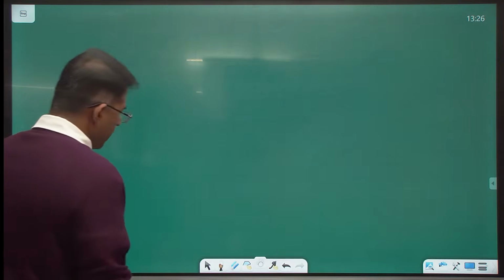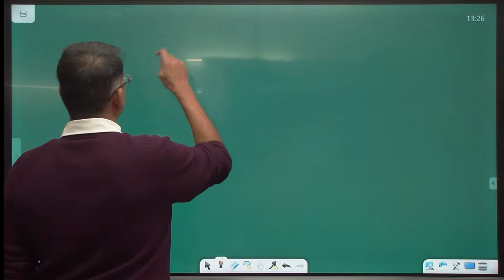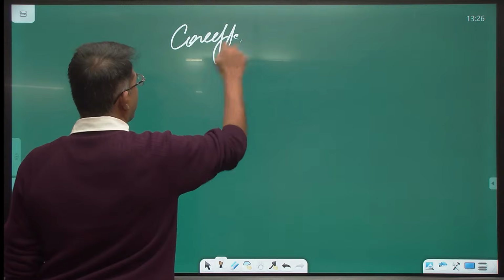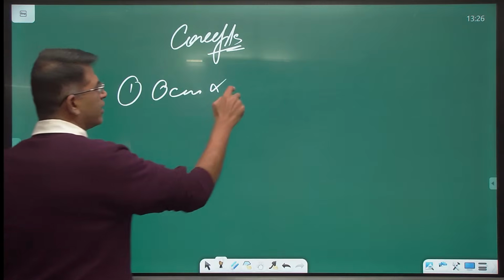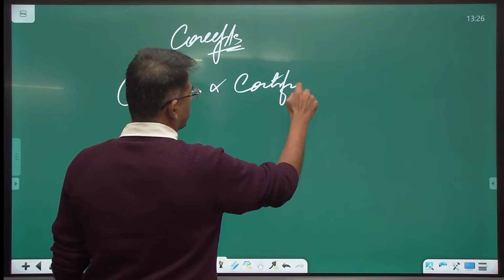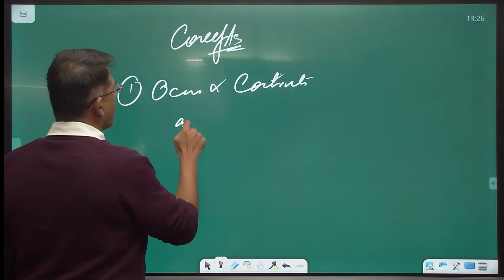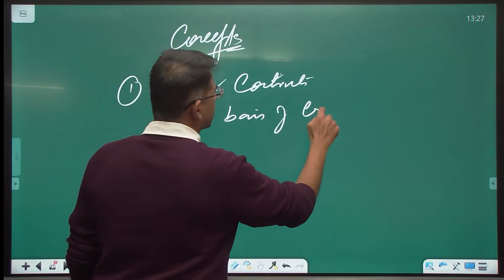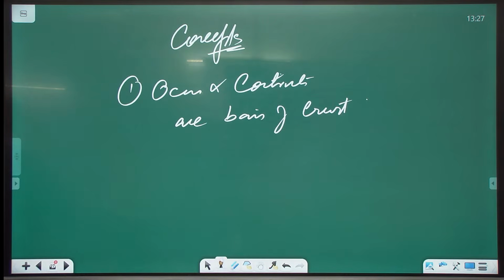Okay, now some concepts here. The oceans and the continents are the basis of the crust, the outermost crust.